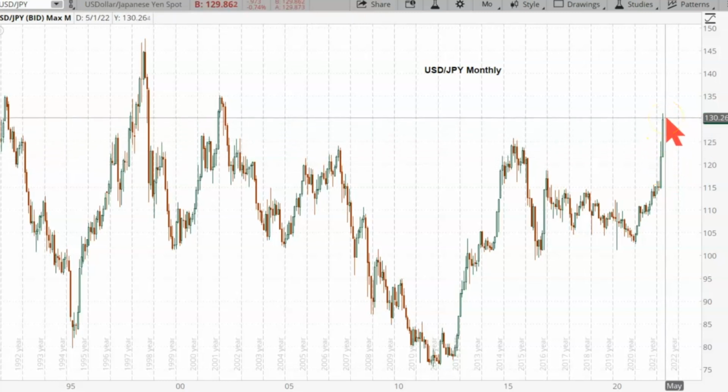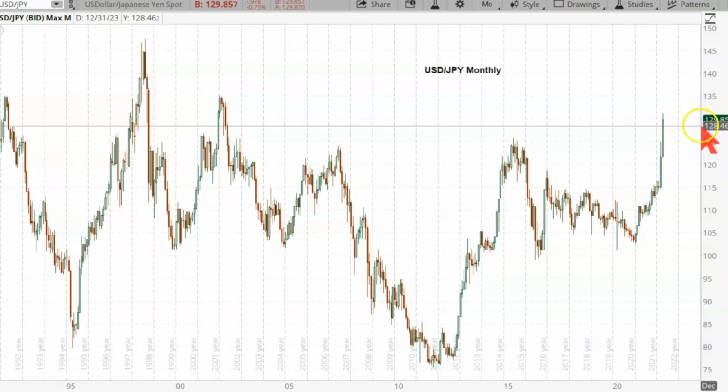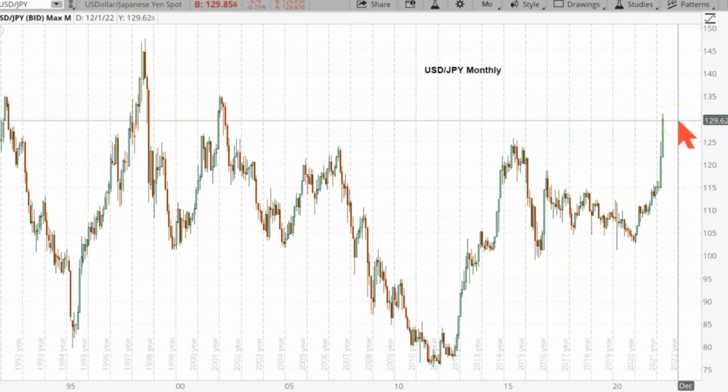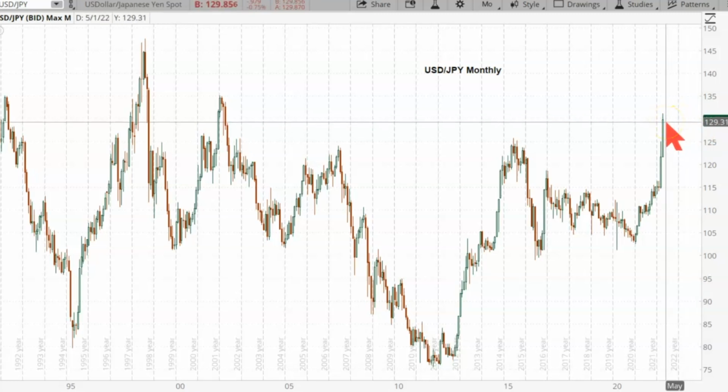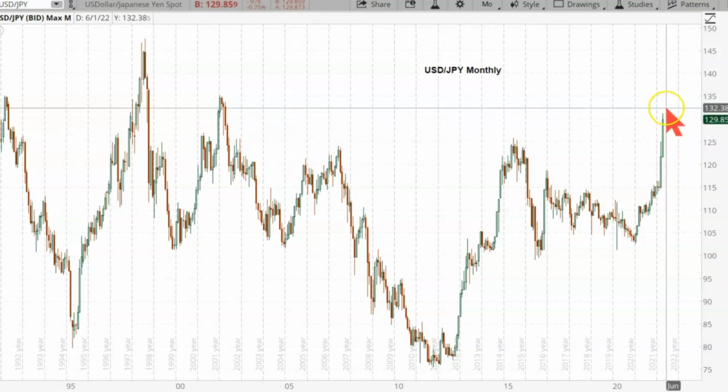This is a reflection of the decline in the Japanese yen, because this is the reciprocal. This is US dollar versus JPY, so when the dollar goes up, this tells you how many yen to the dollar. Right now it's trading at around 130 yen to the dollar. So as the yen goes down, these numbers go up.